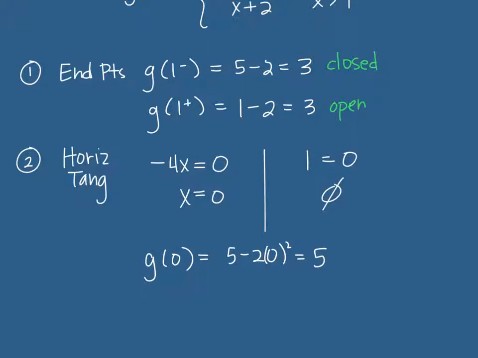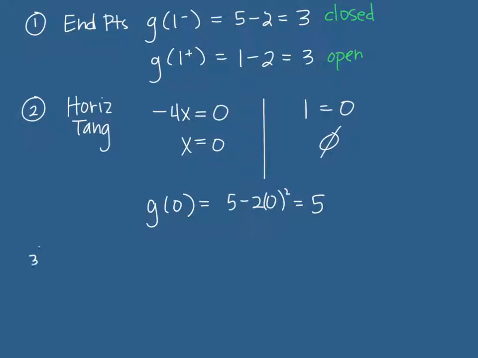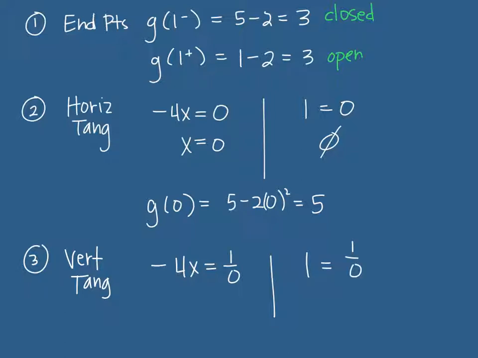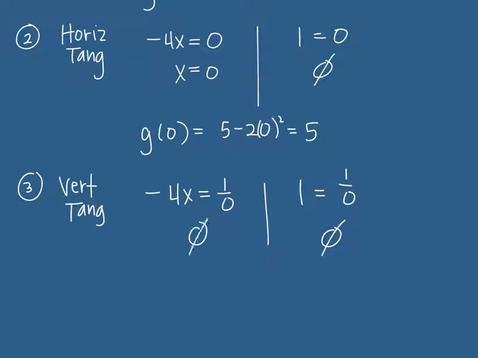And then the last step would be checking vertical tangents. Again, you would take your same derivatives and set them equal to 1 over 0. You'll get good at this. Of course, a line doesn't have any vertical tangents either, neither does a parabola, so we have no vertical tangent.